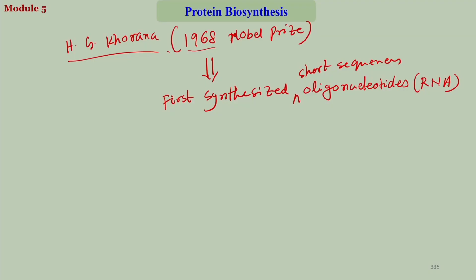We have seen that in another module when we talked about solid phase DNA synthesis. Remember solid phase oligonucleotide synthesis? Nowadays we can synthesize quite long chains using solid phase chemistry. But he did it really back then; things were done in the 1950s and he received the Nobel Prize in 1968. That was one of the first times chemistry tools were used to synthesize biomolecules.